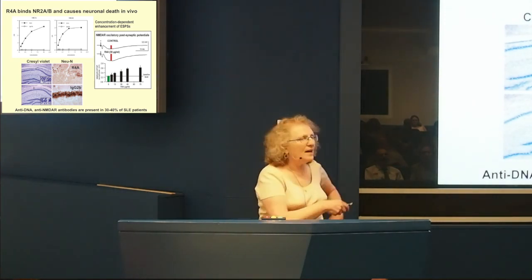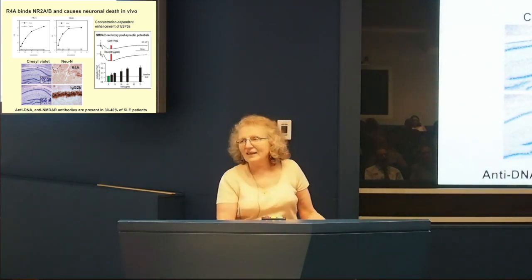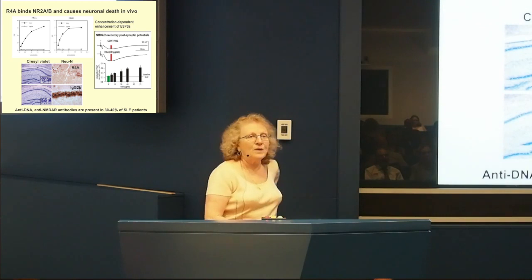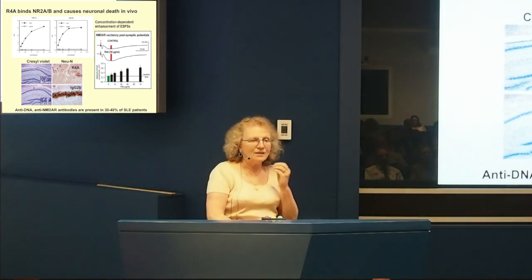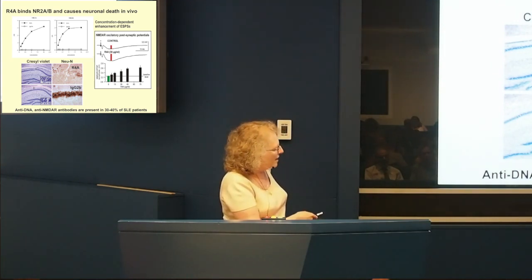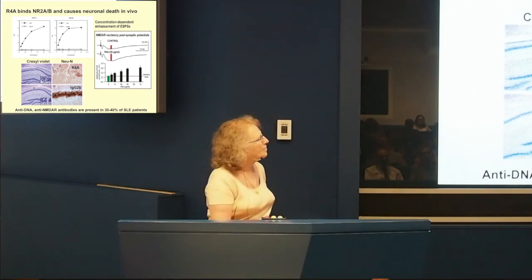When this antibody was injected directly into the brain, it caused a loss of NeuN staining, meaning neuronal death. NeuN is a marker of mature neurons. An isotype control antibody did not. You can see the needle line here and the needle line there.